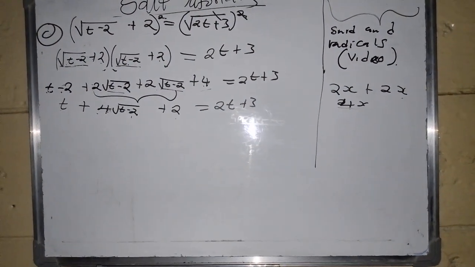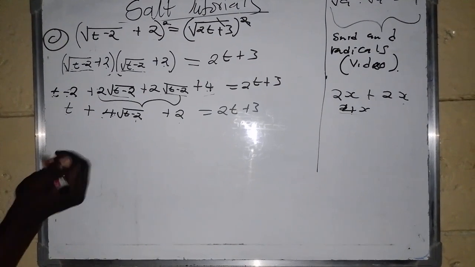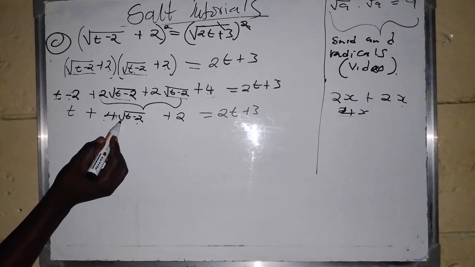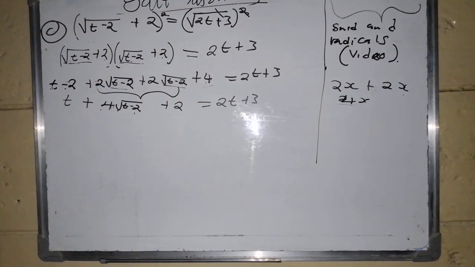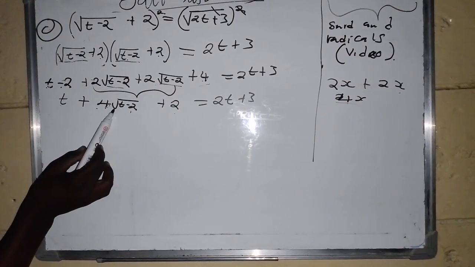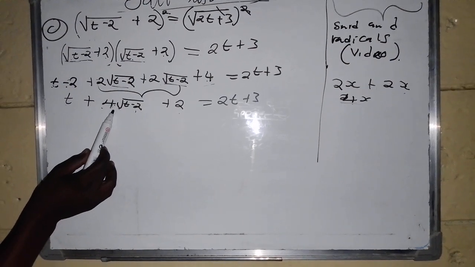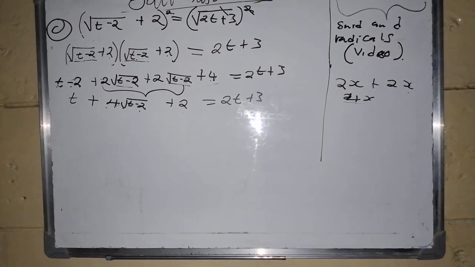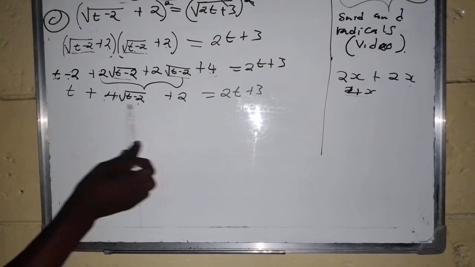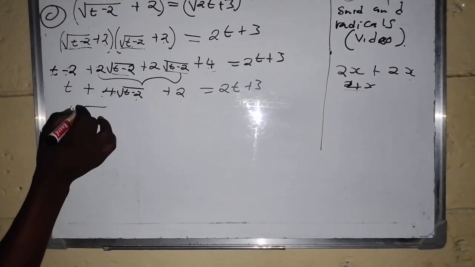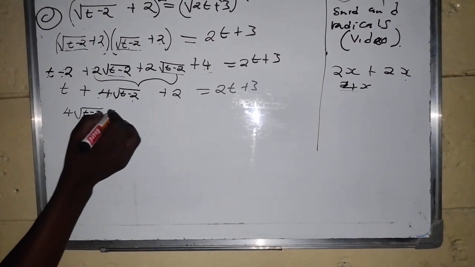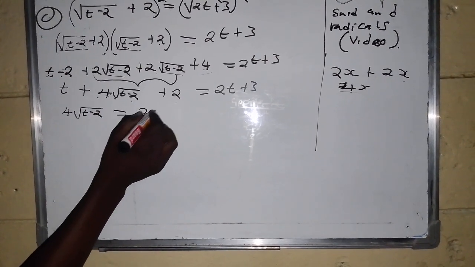So now, next, we still have a radical. At least the first thing has been done where we've eliminated one radical, but we still have another radical in this expression. So we're going to move everything on our right hand side and remain with the radical on the left hand side. So I'm going to remain with the 4 root t minus 2 is equal to 2t, which is this one.